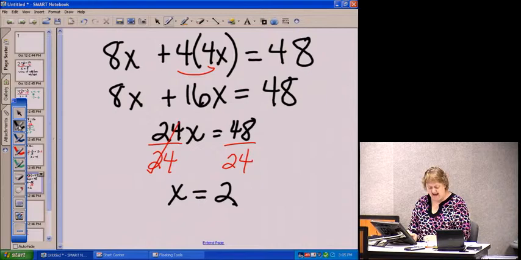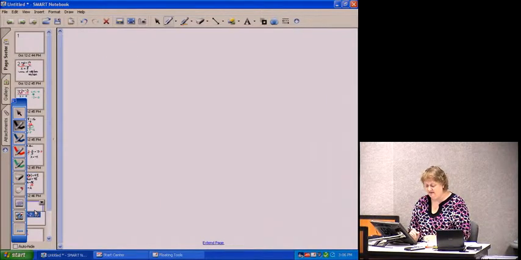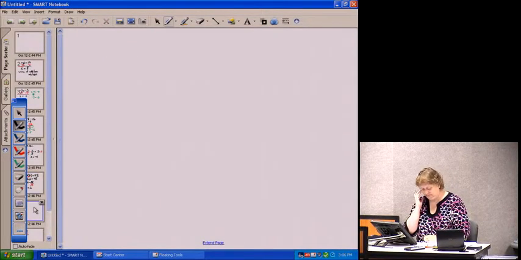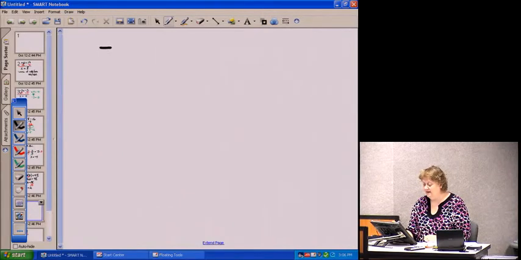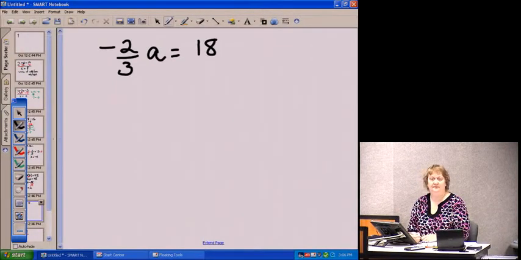Okay, let's look at an example that involves fractions. -2/3 a equals 18.